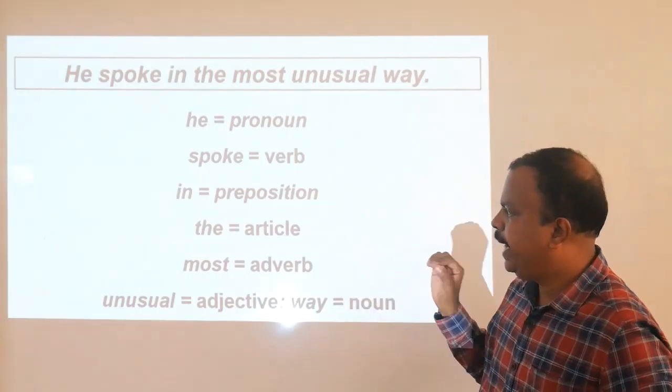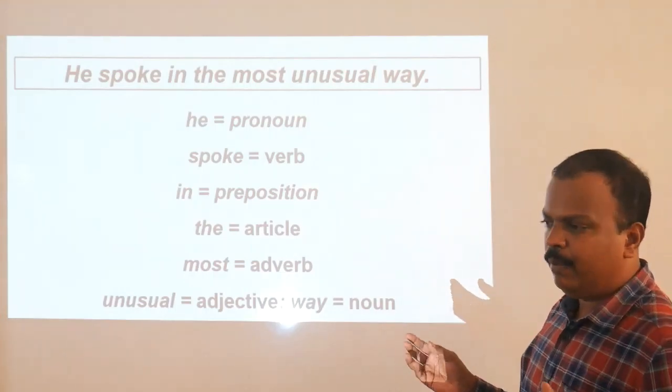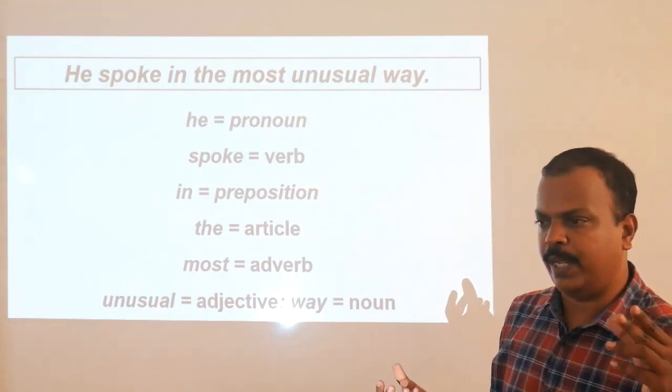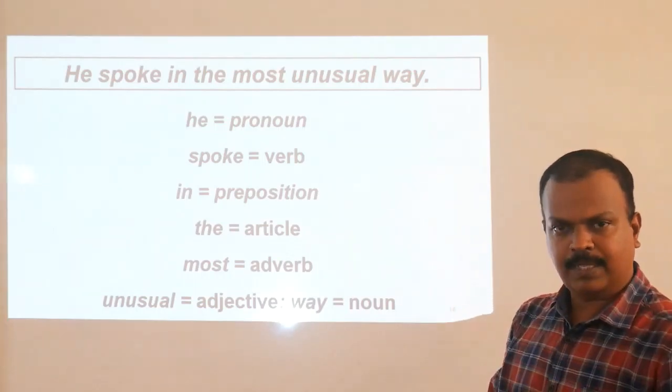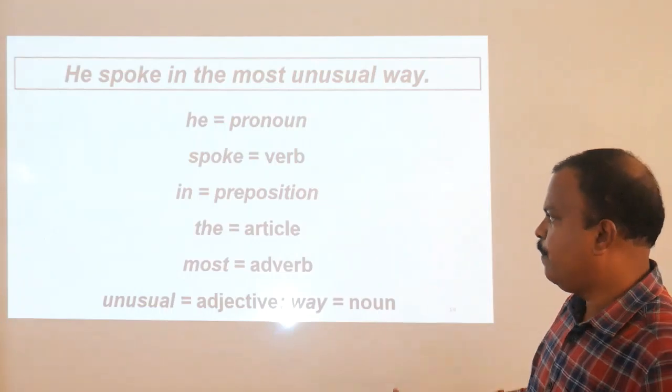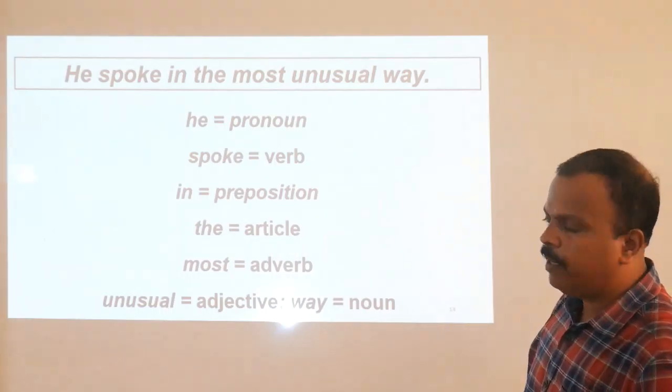Spoke is a verb, in is a preposition. So prepositions are small words usually, and they connect different parts of the sentence in their own way, like this. So in the most unusual way. The is an article.